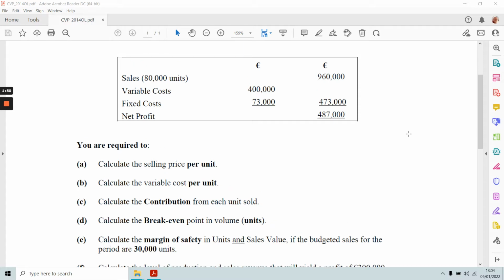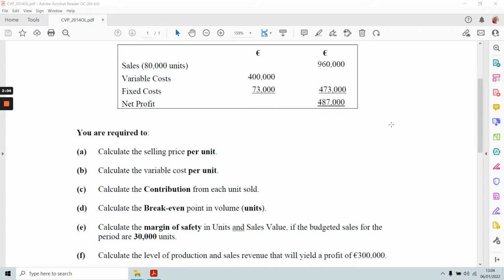Now, concentrating on the data in the box, we'll have a look at some of the principles that underline marginal costing. One is that your selling price is constant. You'll notice here that they expect to bring in €960,000 from 80,000 units.